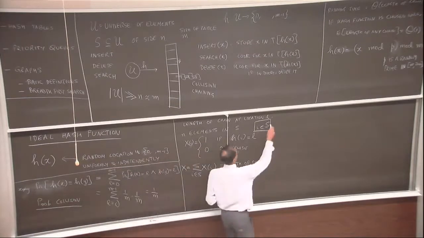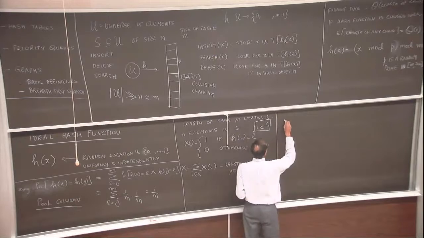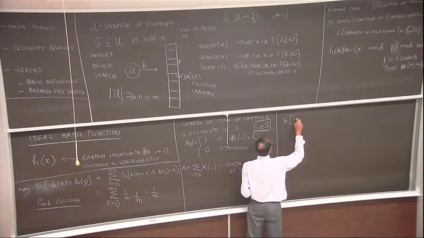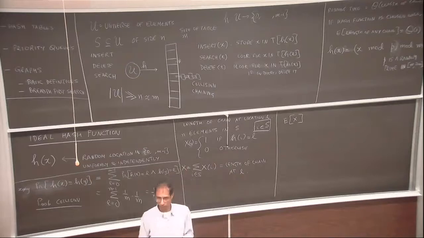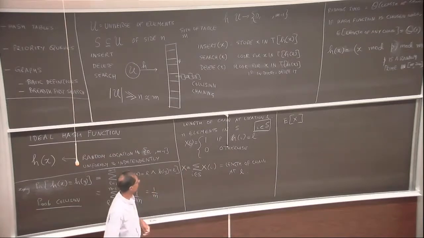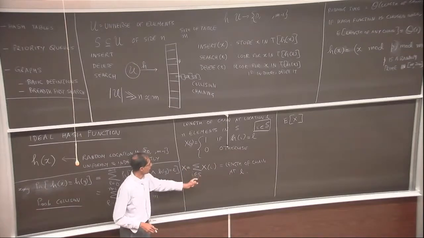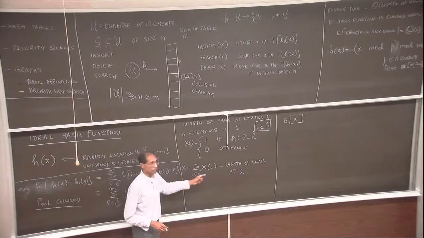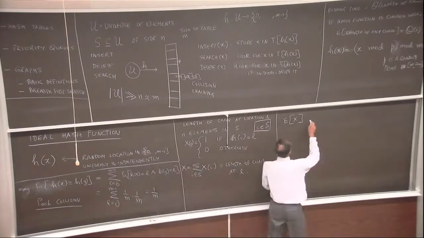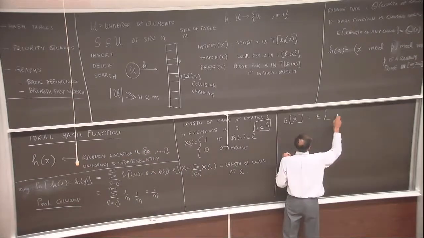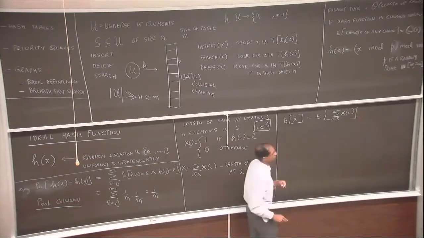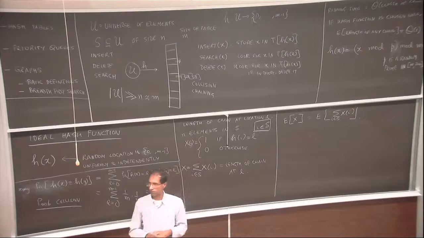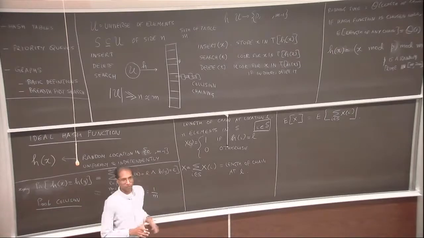So the expected length of the chain is nothing but the expectation of the sum of these variables. Clear?